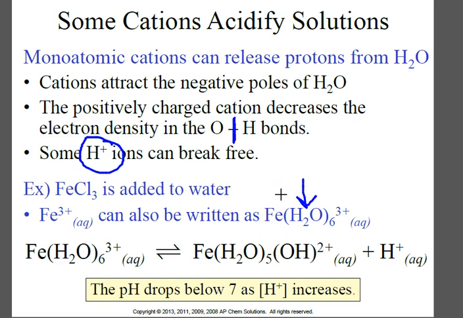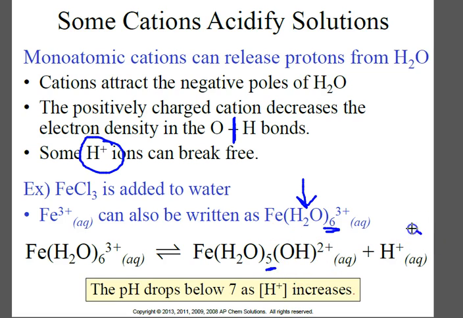We've drawn these pictures before. What could happen as that occurs is the bond in water between the oxygen and the hydrogen could be broken on one or two of them maybe, and leave us with, instead of 6 waters around it, 5 waters and 1 hydroxide.